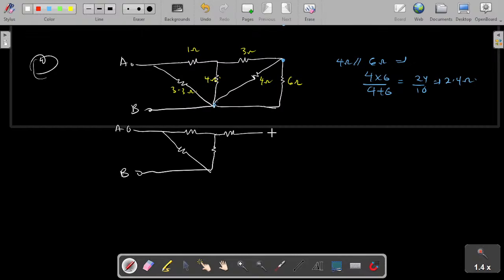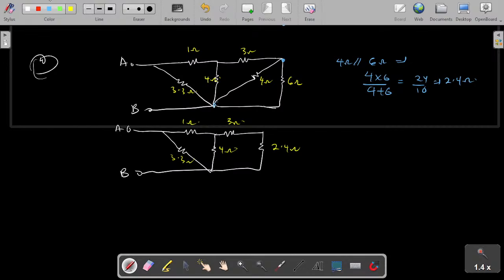So at this point, these two become one like this. Here I'll have 6 and 4 collapse to 2.4 ohm. I'll have my 3 ohm here, my 4 ohms here, 3.3 ohms and 1 ohm. At this point, my last two resistors are 3 ohm and 2.4, clearly in series because the same current will flow through.